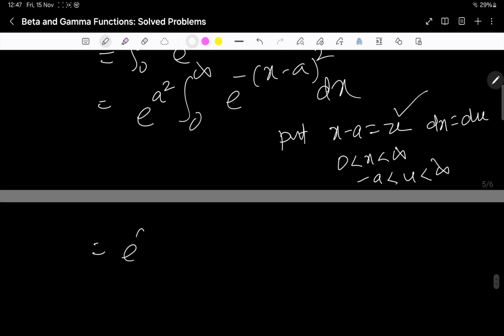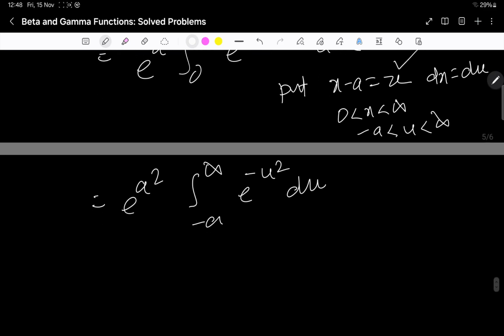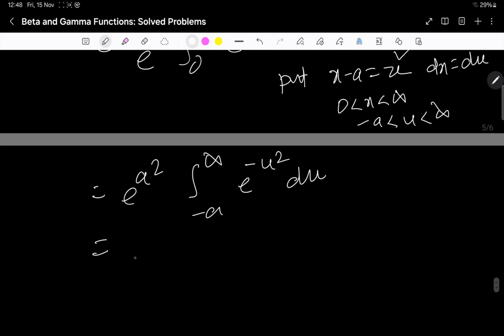So this is equal to e to the power a square integral minus a to infinity e to the power minus u square du. We get a standard integral over here. Now this integral is a standard integral. e to the power a square is taken out, it is root over of pi by 2 into 1 plus error function of a.